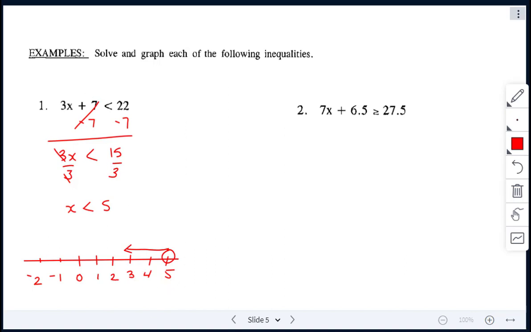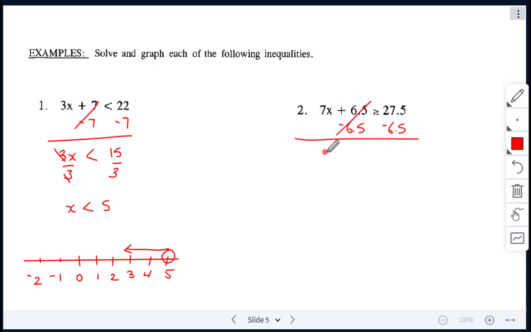Next example, we have decimal numbers, and we have our inequality shown here. Similarly, we're just going to start solving for x. Our first step is to subtract 6.5 on both sides.